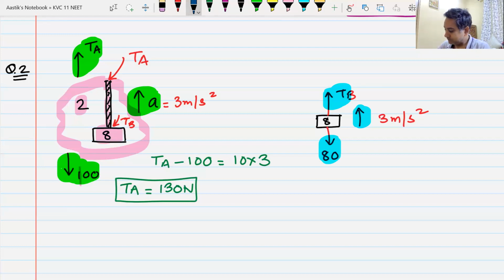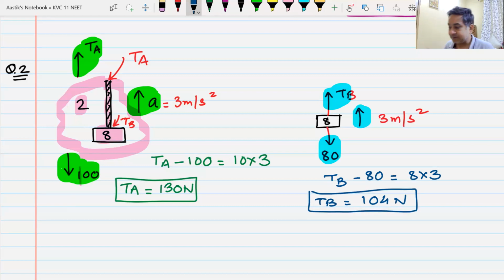T_B minus 80 is equal to 8a. a is 3, so tension at point B is 104 newtons. Absolutely correct. Everyone understood this?